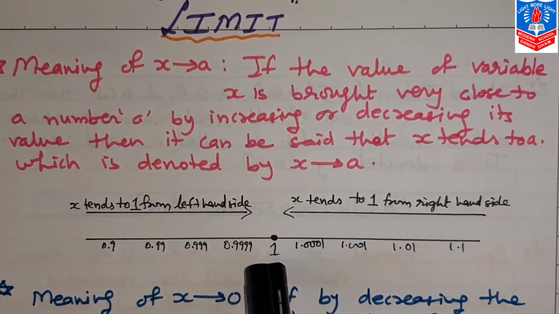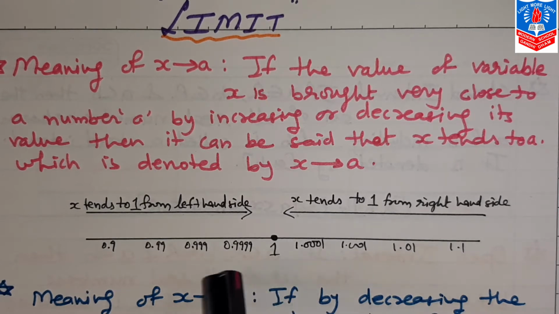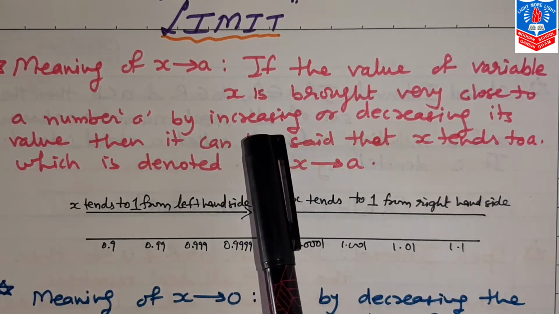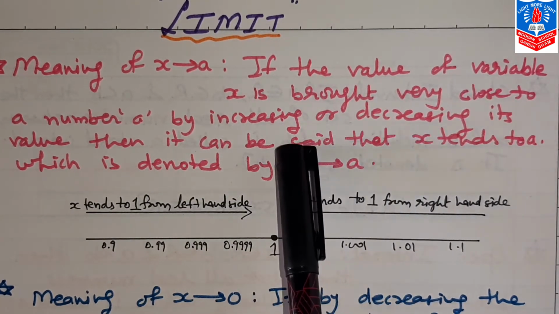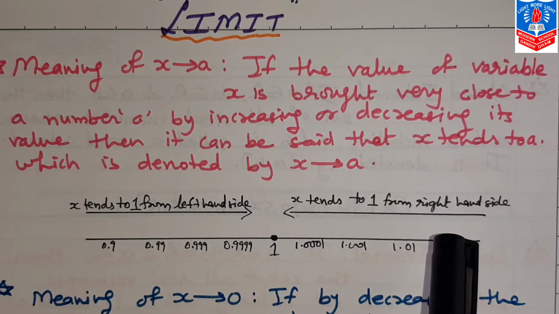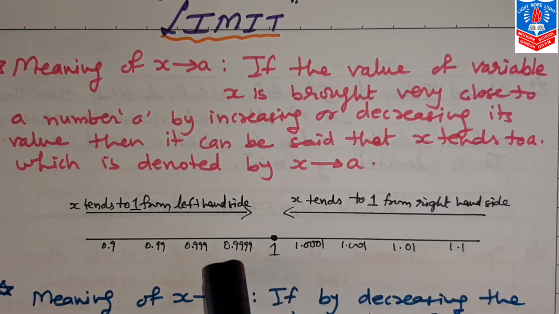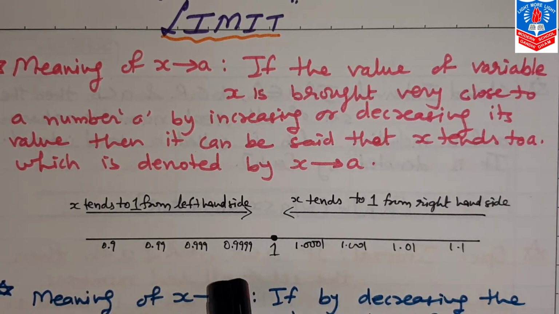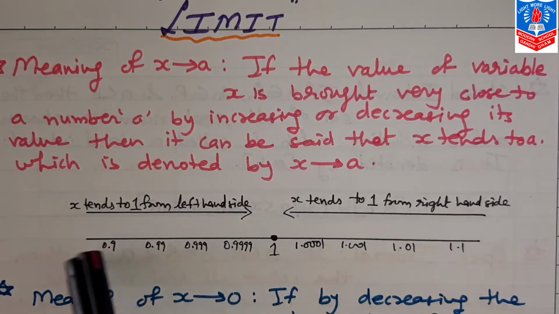Now I have tried this with one example. You can see here the value a is 1. As we just discussed, by increasing or decreasing its value, from the left hand side as well as from the right hand side, means closer or nearer to 1 on both sides. So on the left hand side, less values: 0.9999, 0.999, 0.99 and 0.9 and so on.